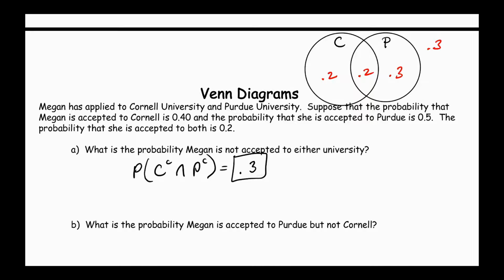Remember, the C means not. So probability P of C means she does. That little notation up there means not. So not Cornell and not Purdue.